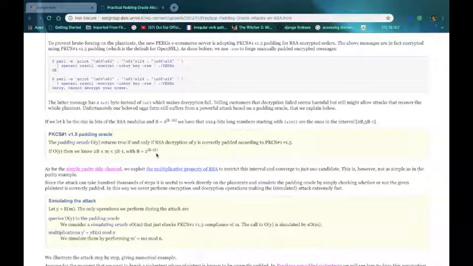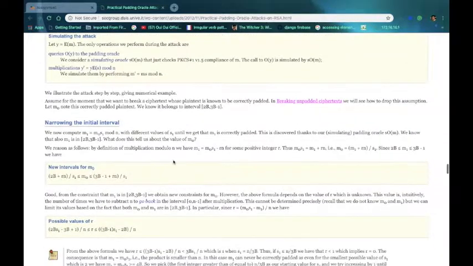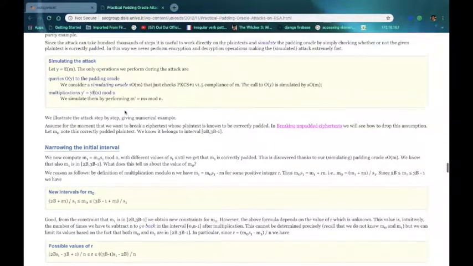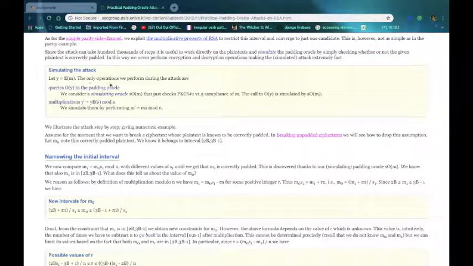So using this information, we try to reduce this interval and finally find the message. So this is how the attack proceeds. Initially, we know that the encrypted message is the one that must in a real scenario be given to the padding oracle.